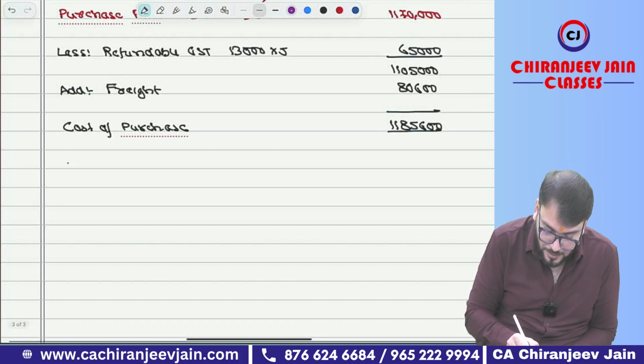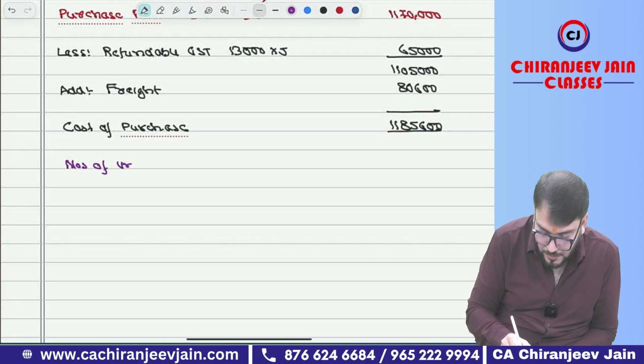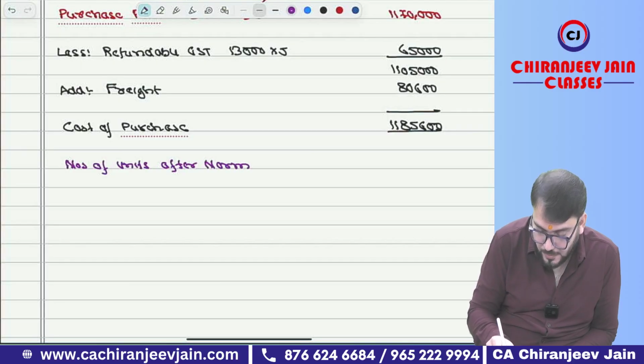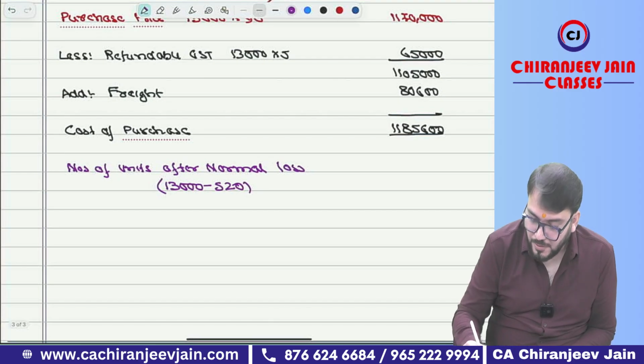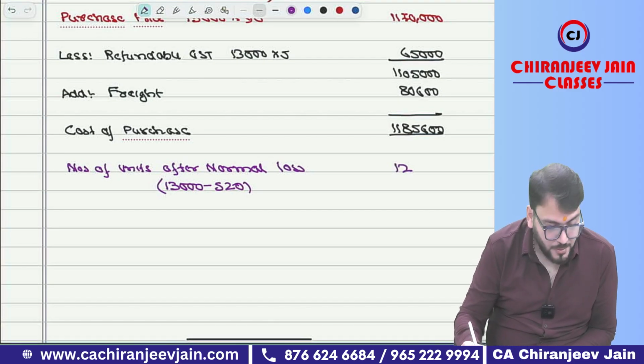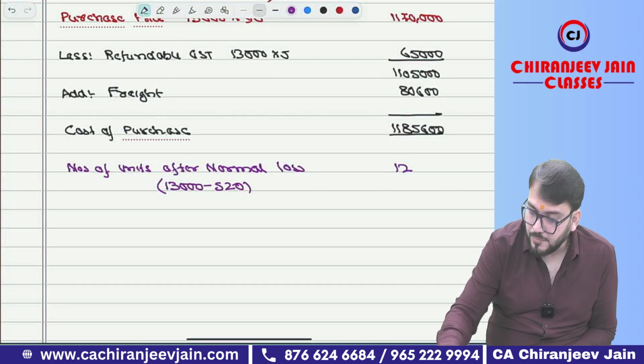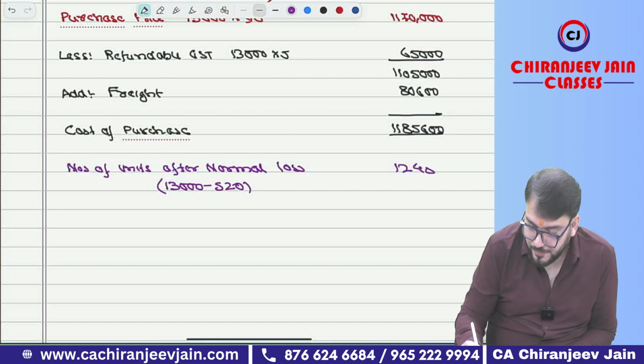So what is the number of units? Number of units after normal loss, means how much effectively you purchase. That is 13,000 minus 520. 520 was the normal loss, so it is 12,480.